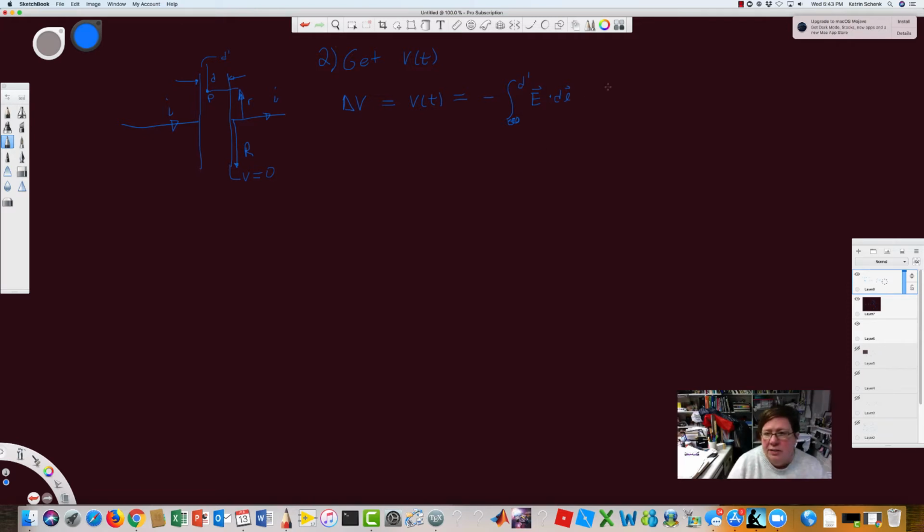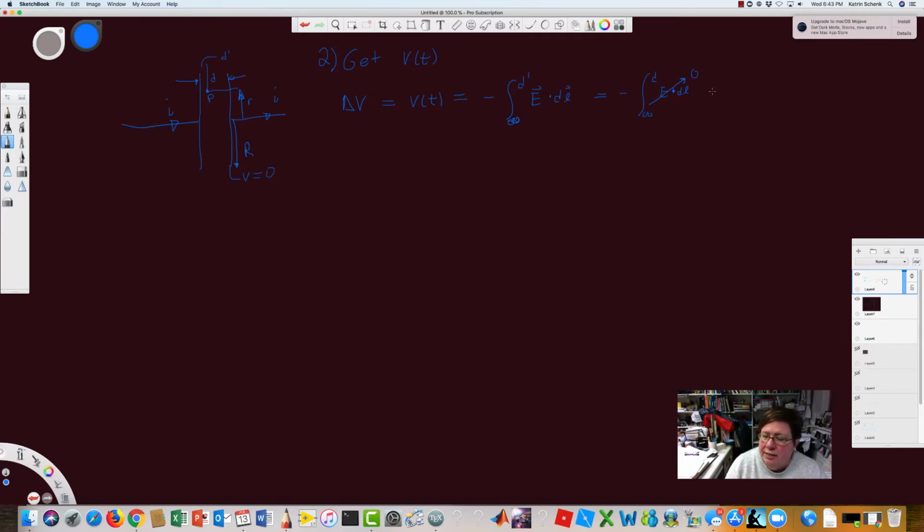Okay, so this isn't too hard because we can split the integral up to the integral from infinity to d of E dot dl, but outside of this plate, the E field is 0. Of course, it's not true for a real capacitor, but for this capacitor, we're just not letting the field be anything outside. Okay, and so that whole integral is going to be 0.